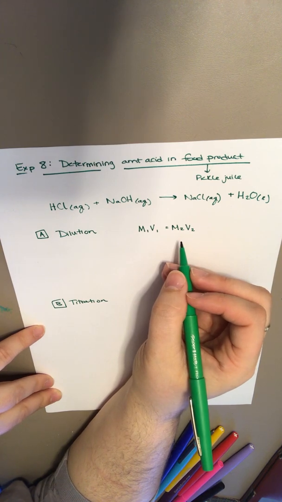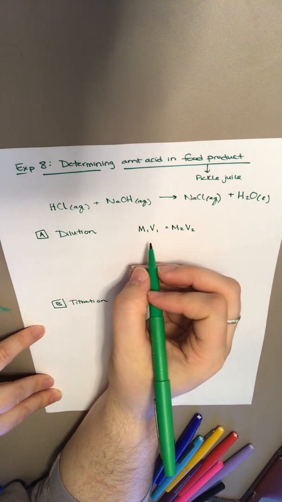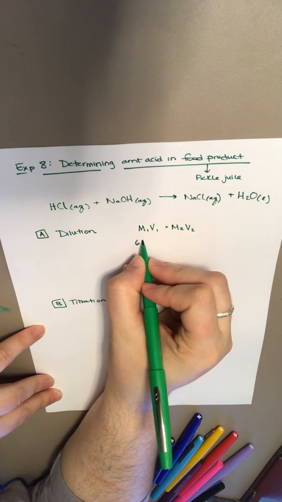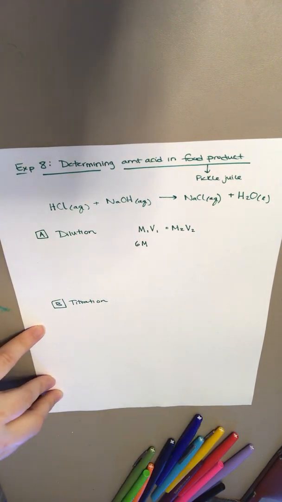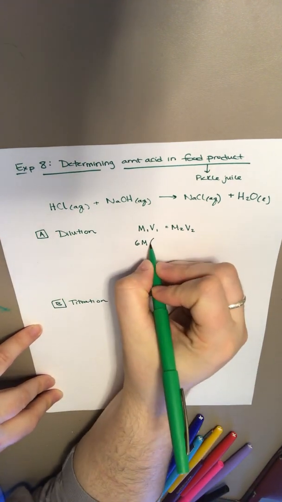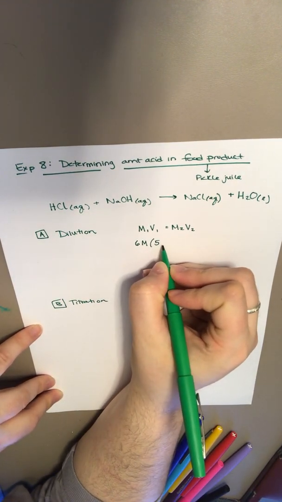By looking at our lab, we can identify that the first molarity is 6 molar, and the amount originally used is 5 milliliters.